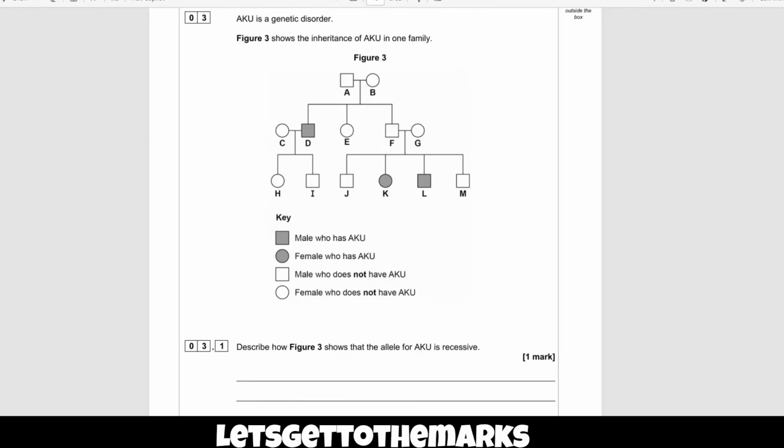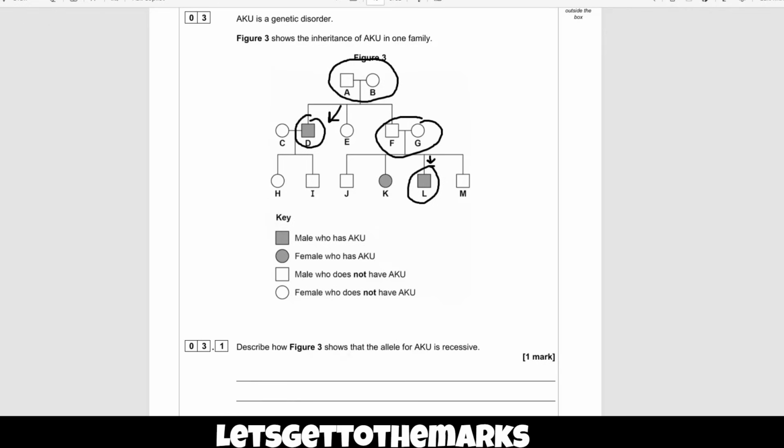Well, when you want to find out if you're dealing with a recessive or dominant allele, look for two parents who don't have the disease, i.e. A and B, and then check if one of their kids has the disease. That tells you that it must be recessive. We've got the same thing going on here with F and G and either L or K. So you're going to talk about that or you're going to talk about that.